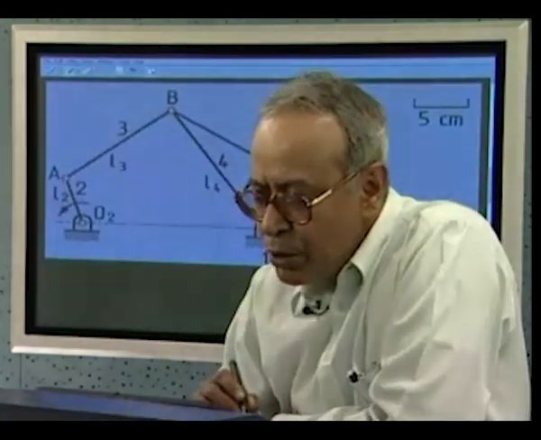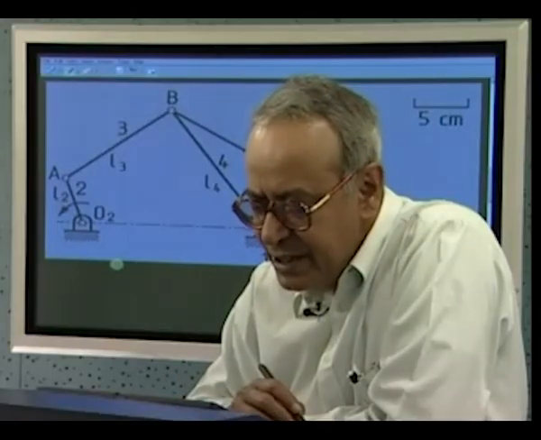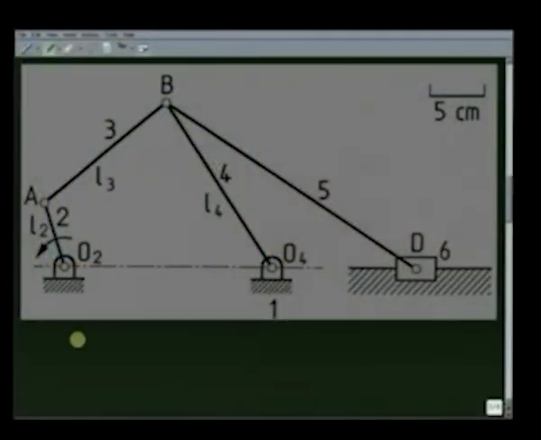As our next example, let us consider another 6-link mechanism which is shown in this figure. Here, as we see, there is a 4-bar mechanism O2ABO4.